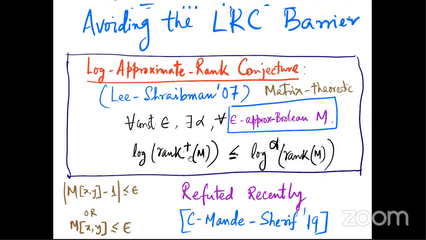And in a recent work with two TIFR students, Nikhil Mande and Suhail Sharif, we were able to disprove this conjecture. What we use in this work is to take the counterexample to the log approximate rank conjecture and cook up a polynomial.